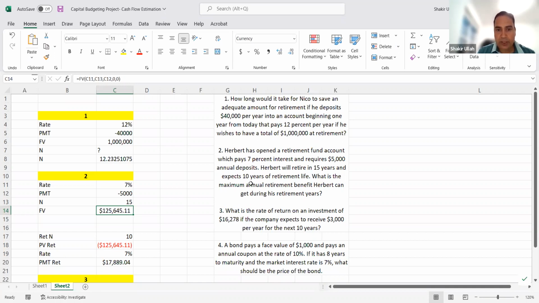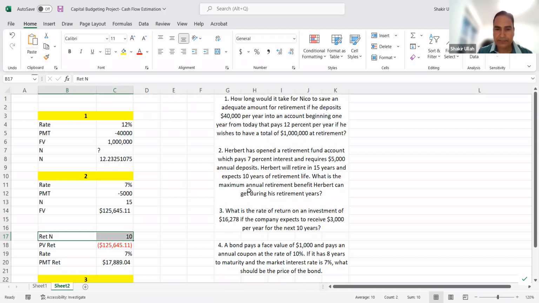Now, the next part is, Herbert will retire in 15 years and expects 10 years of retirement life. That means the pension will be received for 10 years. So we write that down for the next part, that N is 10 years.